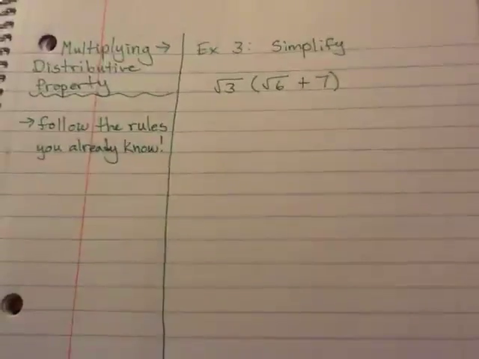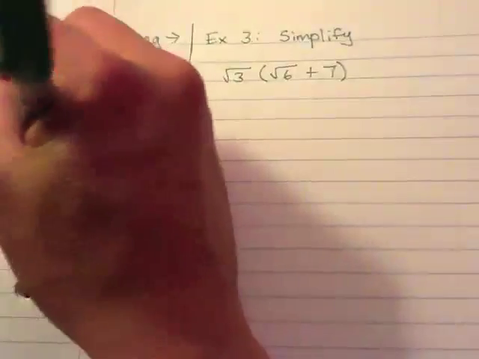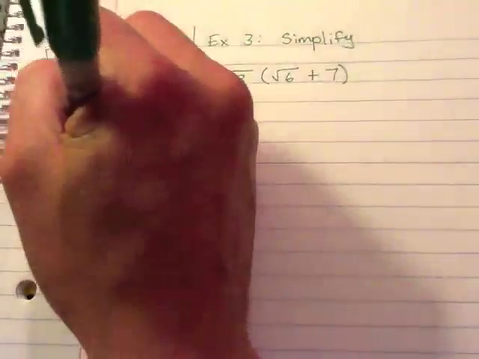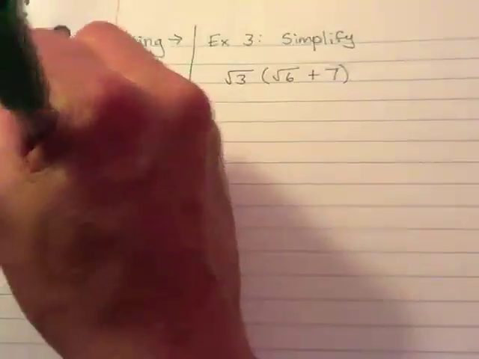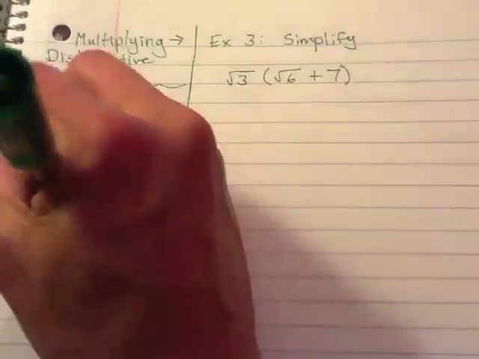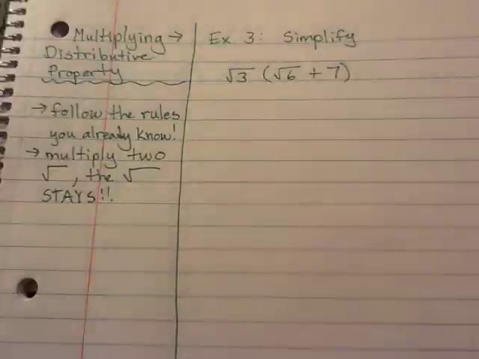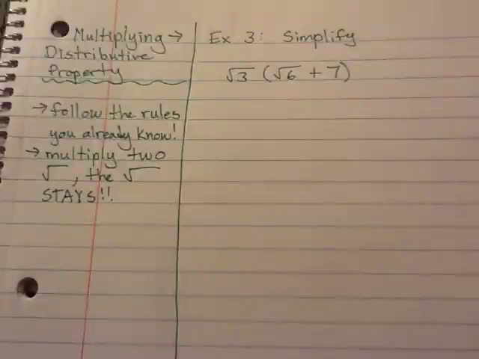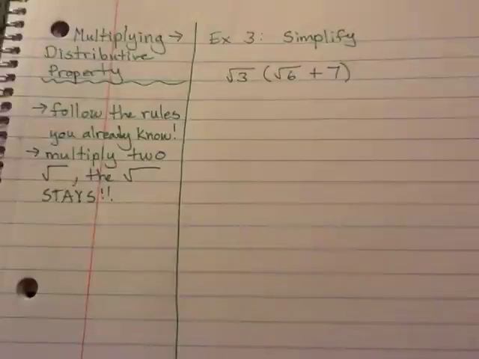Okay, one of the rules you already know, but you just need to remember here, is that when you multiply two square roots together, the square root stays. Okay, we're used to kind of canceling things out sometimes. But the square root stays. All you're doing is multiplying the two numbers underneath it.